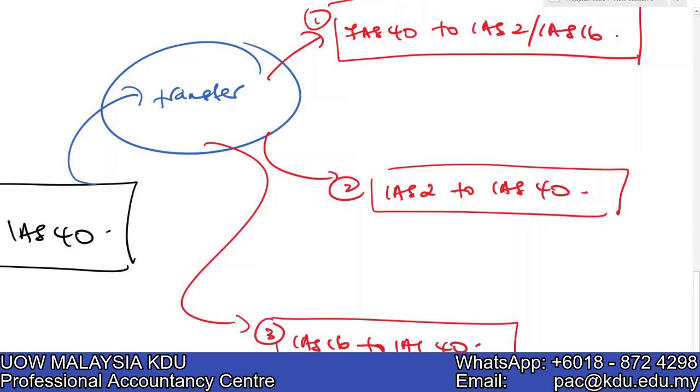So there are three scenarios. One is from 40 to 16 or 2. One is from 2 to 40. Another one is 16 to 40. How to account for the transfer?